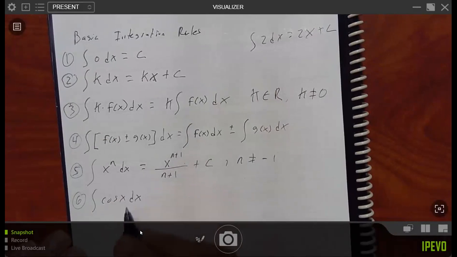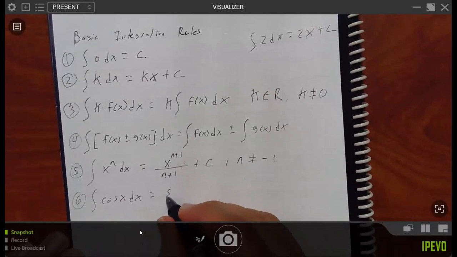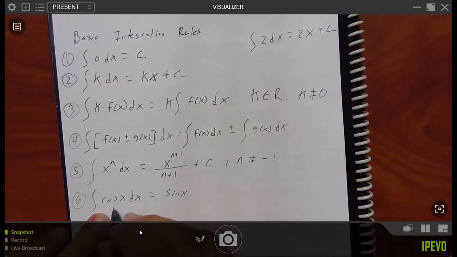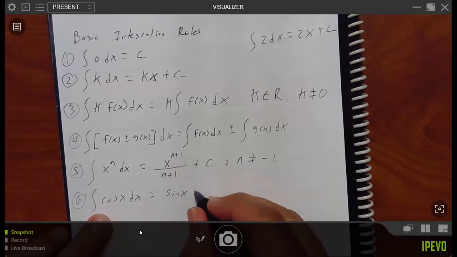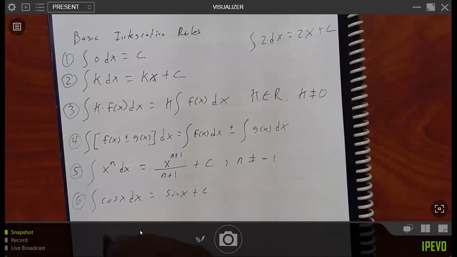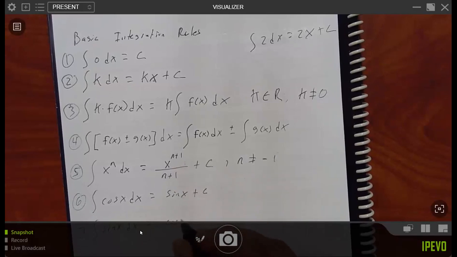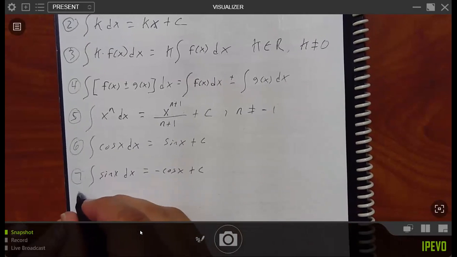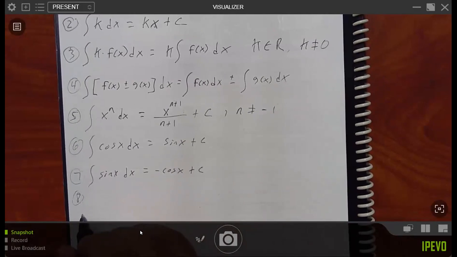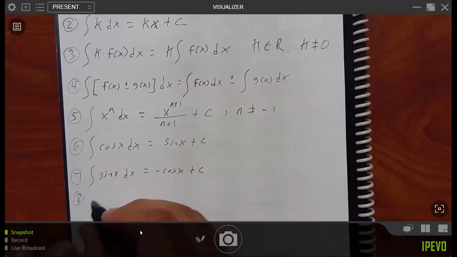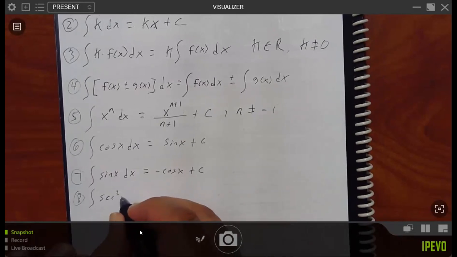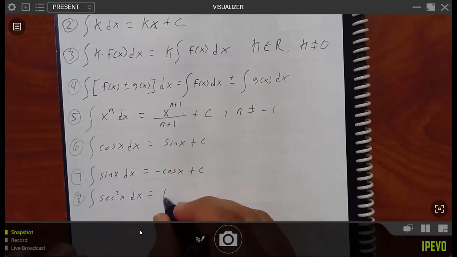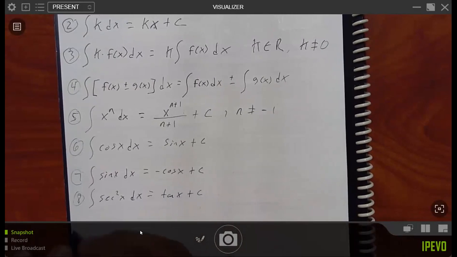Number 6. Antiderivative of cosine would be sine because the derivative of sine is cosine. Antiderivative of sine will be negative cosine because the derivative of negative cosine is sine. The antiderivative of secant squared x dx would be tangent because the derivative of tangent is secant squared.